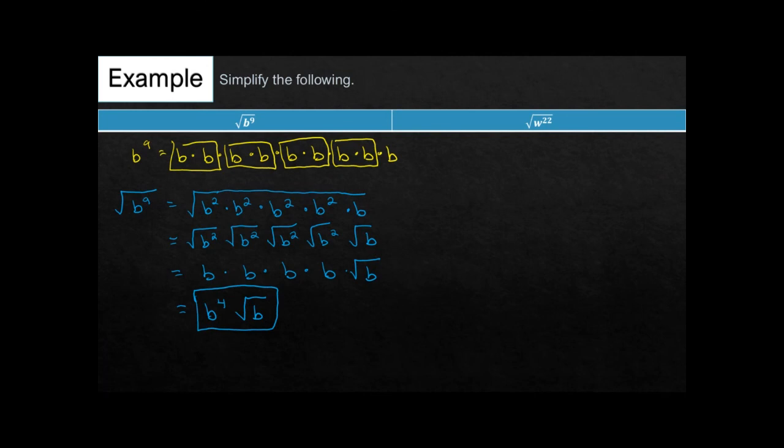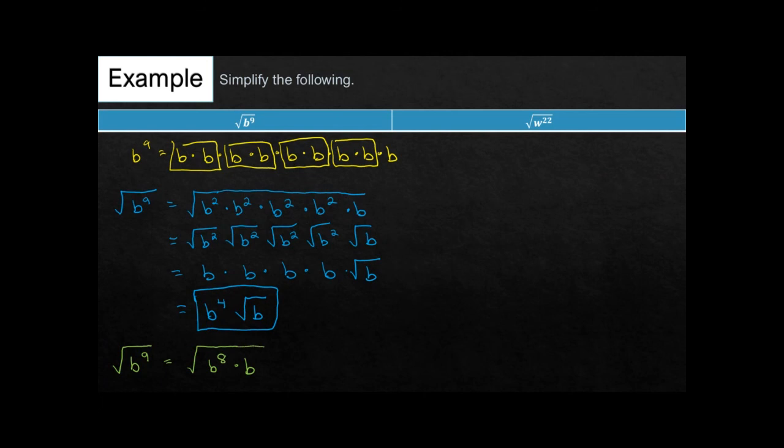Now, a quicker way to do this, and which is usually how I do it once you understand the rules, is to try to group your exponents as multiples of 2. So I had those 4 b squareds together. If you multiplied those all together, that would give you an exponent of 8.